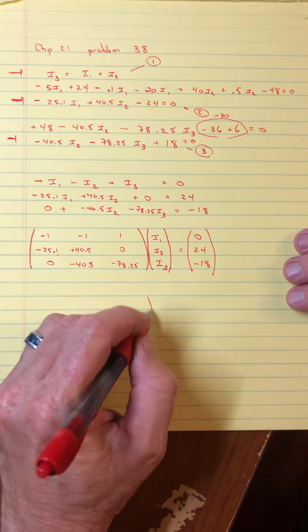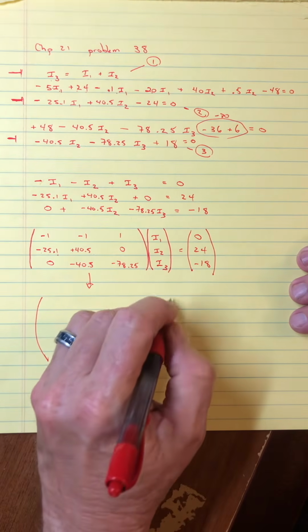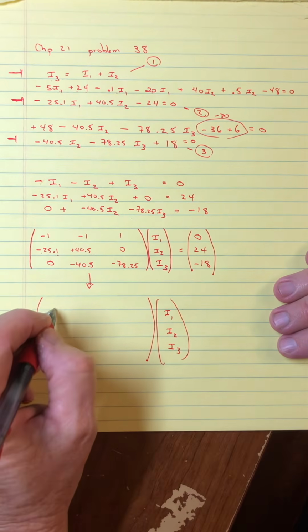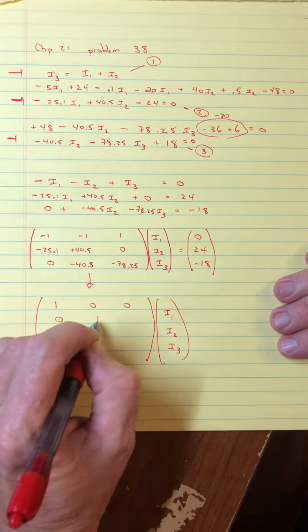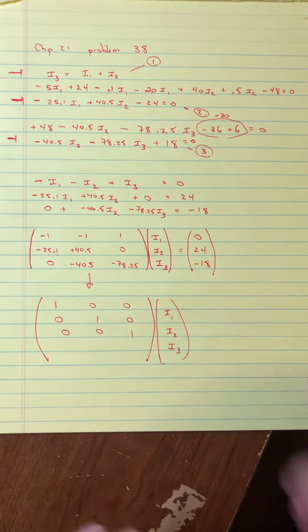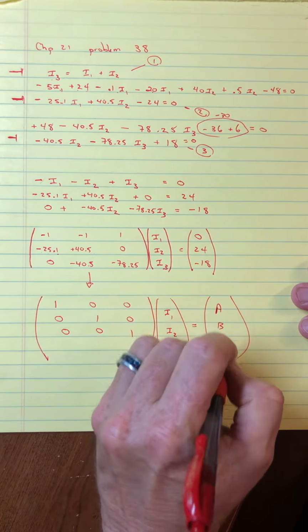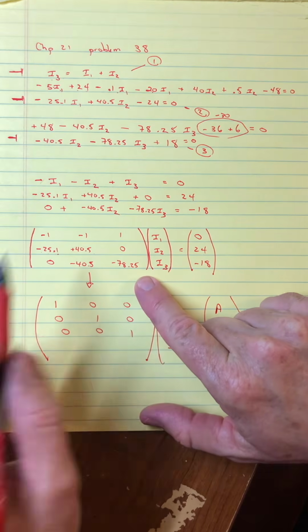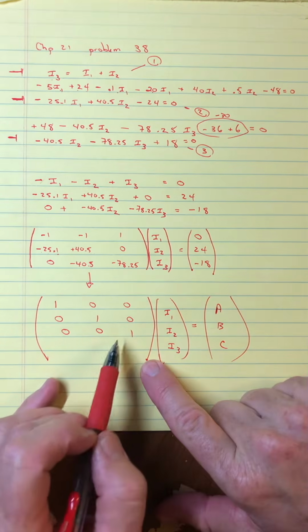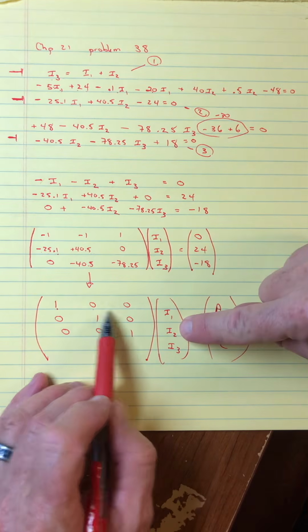In other words, if I could do some manipulation so that this matrix looks like this, a 1, 0, 0, 0, 1, 0, 0, 0, 1, often called the identity matrix, because as you can see, if we manipulate the left-hand side, using the same rules of mathematics for the right-hand side, and we get something that looked like this, this would just say 1 times I1, and then 0 times I2, and 0 times I3.